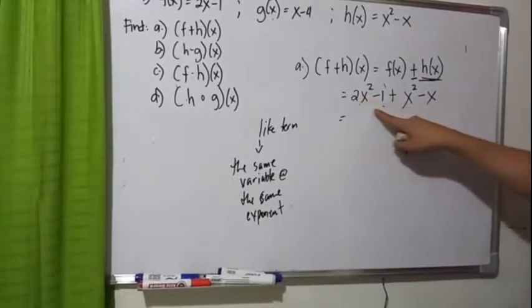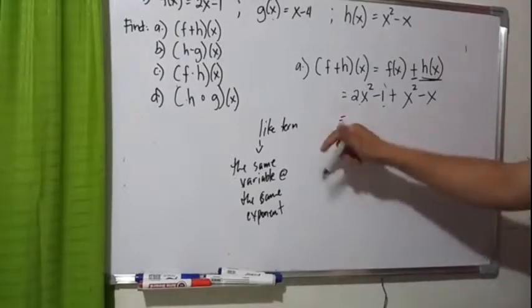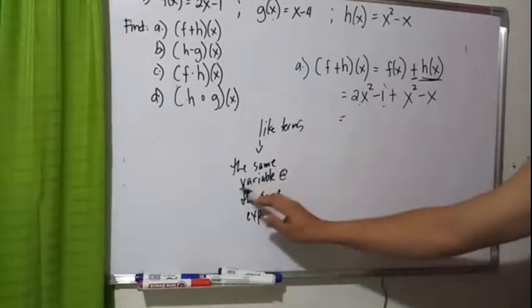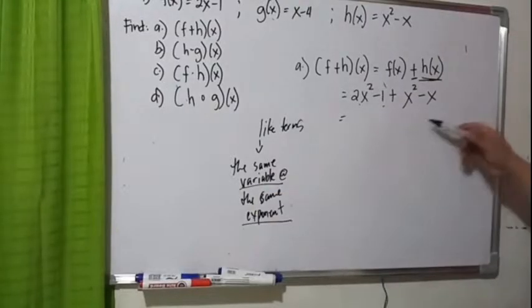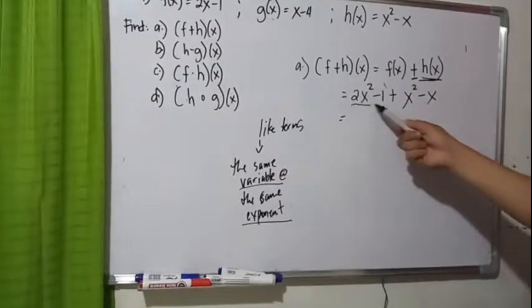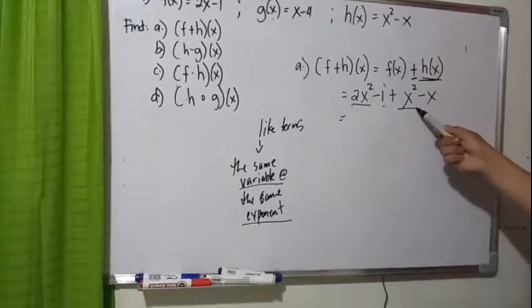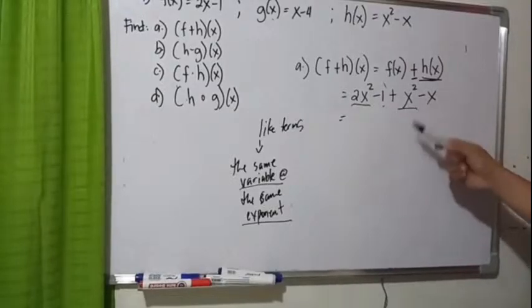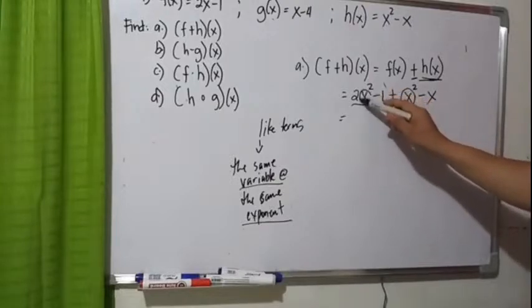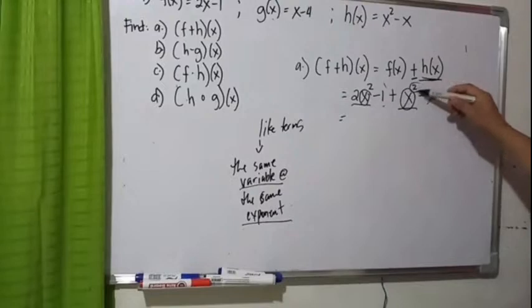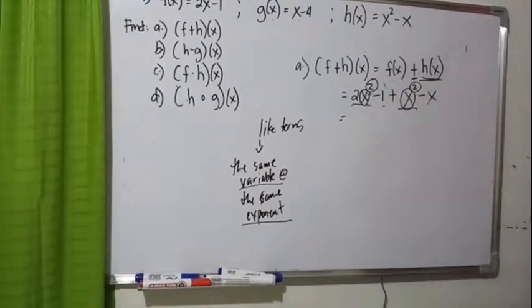So in this given, ito na yung equation natin. Ano yung like terms dito? Like terms, the same variable and the same exponent. So ano yung i-add natin? That is 2x squared and x squared. Like terms ba ito? Yes, because the same variable, yan ang x, then the same exponent. So pwede natin ito i-add.